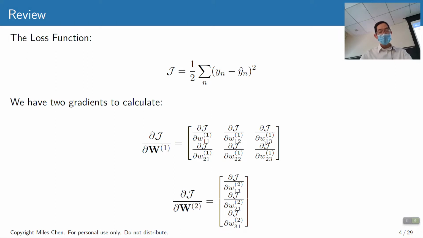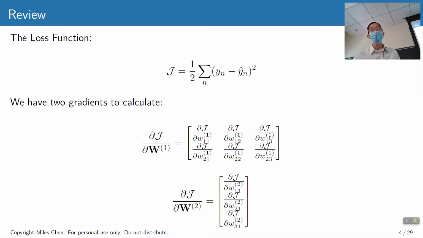Okay? And so we said we wanted to find the gradient of the loss function with respect to the first weight matrix, the gradient of the loss function with respect to the second weight matrix. The loss function being the difference between y and y hats. We're squaring them and we're summing them all up. Our first weight matrix is 2 by 3.